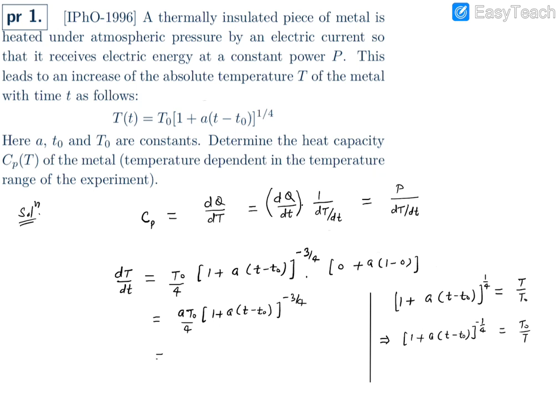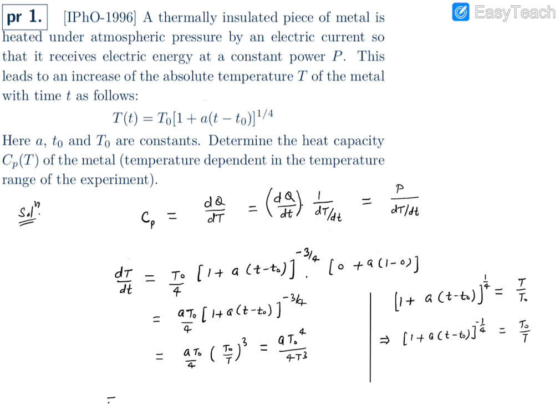So ultimately you will be finding it's going to be like a T naught divided by 4, and that is T naught divided by T raised to power 3, which could be written as a T naught raised to power 4 divided by 4 times T cube. ये dT by dt आ गया जिसकी ज़रूरत अपने को यहाँ पर है, so we can substitute there.